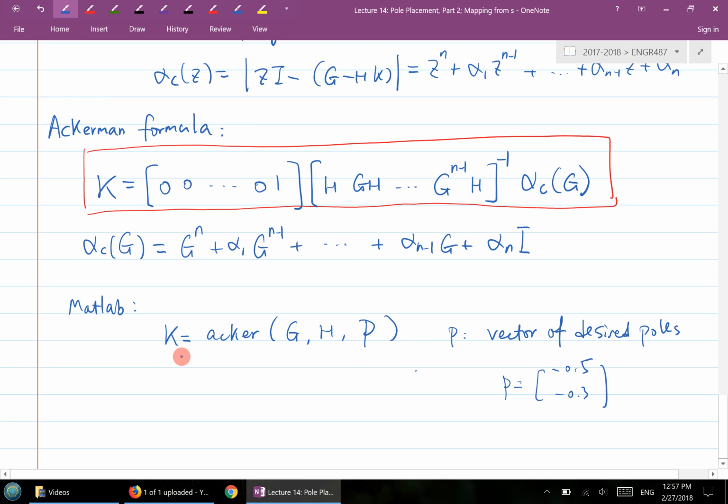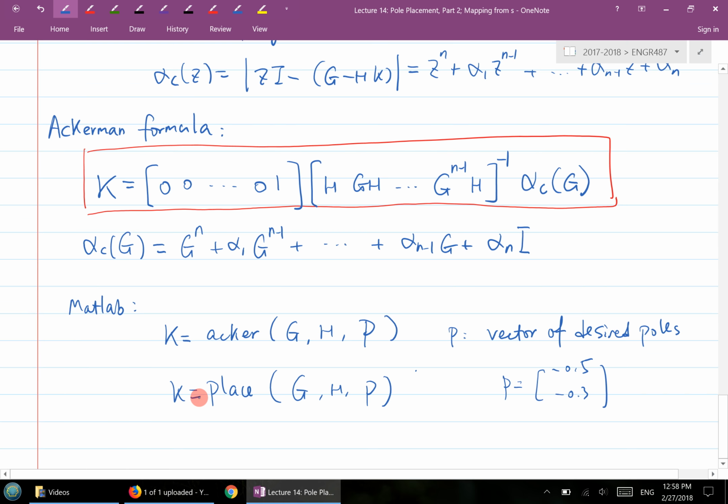How is acker different from place? Very good point. There is another command called place. Last time I checked, there is a very subtle difference. Place works for both SISO and MIMO systems, multi-input, multi-output.